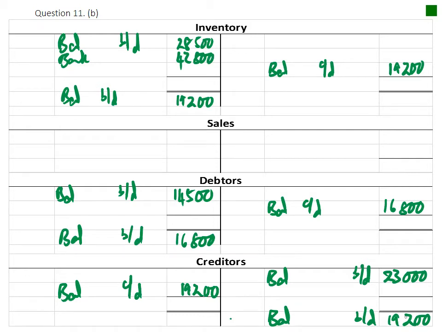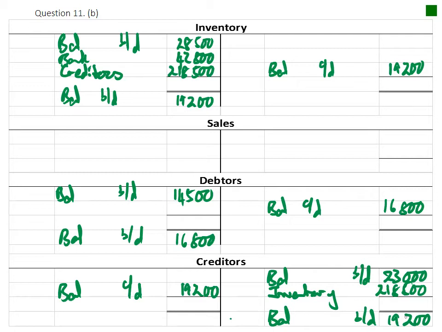For the creditors, the amount that we've purchased on credit, we are going to credit the creditors account with the credit purchases of 218,500, and we are going to debit the inventory account with 218,500, and that's the amount that we've purchased on credit from creditors.